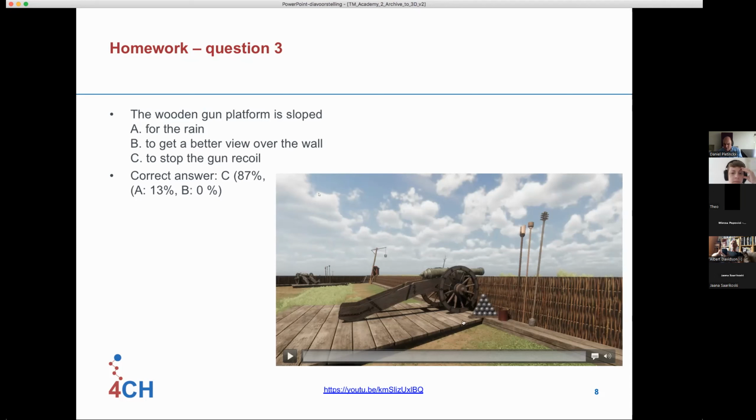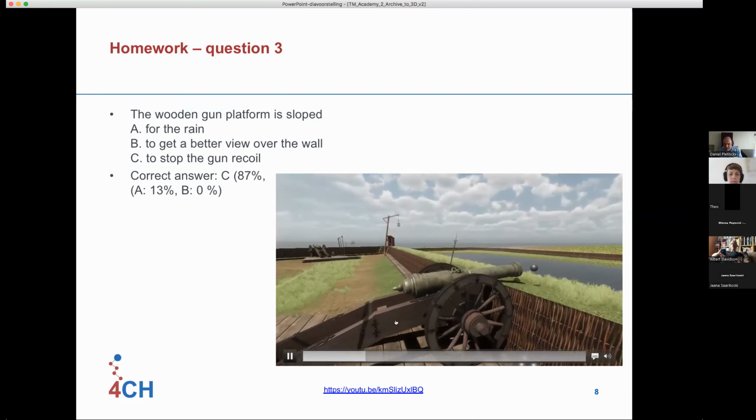Well, the guns are always placed on a wooden platform, and the wooden platform is slightly sloping, slightly going up. And that means, in fact, if your gun is shooting, then your gun recoils. Let me show you. Your gun recoils, and then your gun needs to come back.